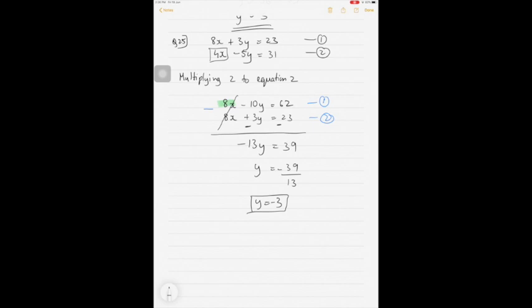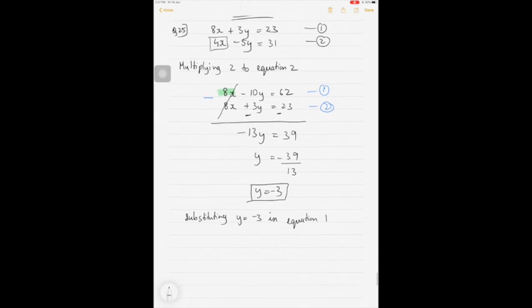Now, substituting y is equal to minus 3 in any equation, you can substitute. Substituting y is equal to minus 3 in equation 1. I'll substitute in equation 1.